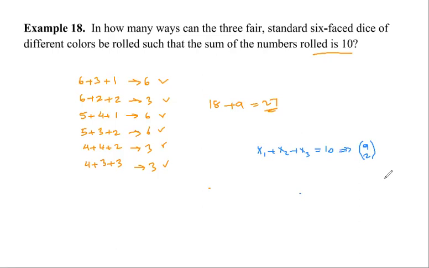Okay, but if I change the question, if these numbers x1, x2, x3 have a limit, I'm going to call them xi to make it general. If I have some sort of restriction for those numbers, I cannot have 9, I cannot have 8, because these are the numbers on the dice.